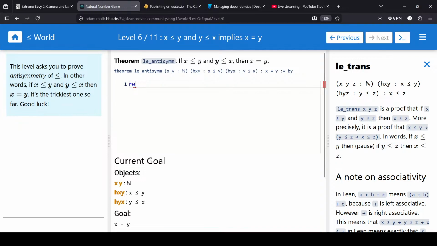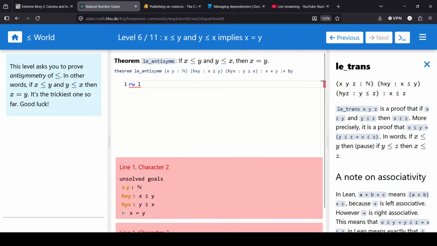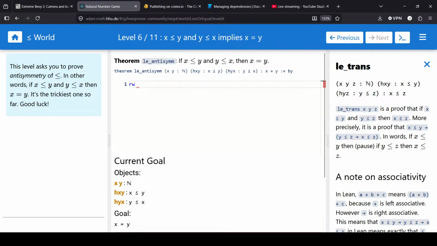So I think I want to, is it rewrite? This is not an equality though. Or yeah, this is an inequality. Does this work? Oh, but I need to... Well, what am I rewriting?